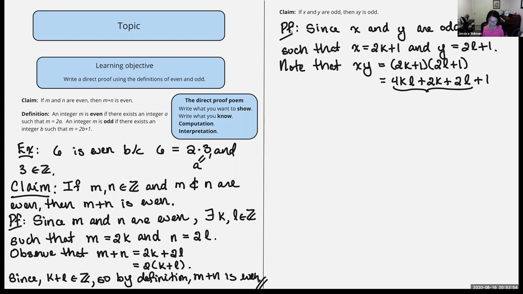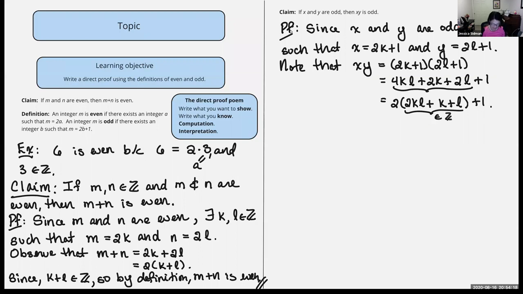So I'm going to factor it out. And so for my next step, I'm going to write 2 times (2kl plus k plus l) plus 1. And I'm going to put a period there, right? Because what I see here is that this is an integer.